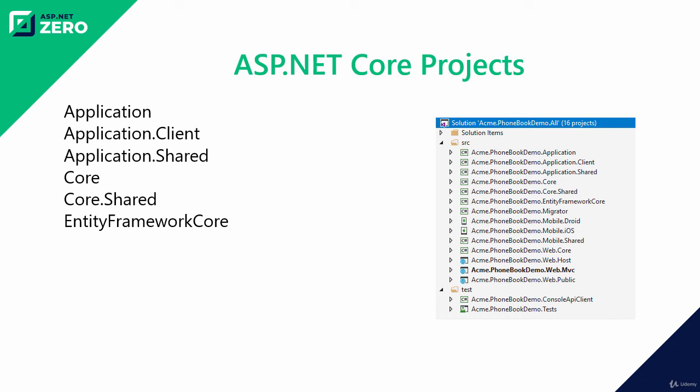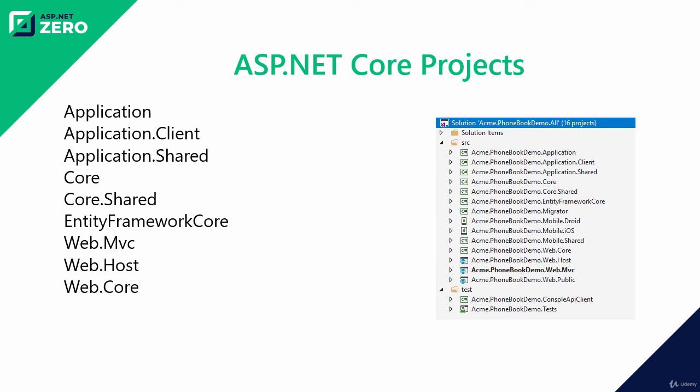Next, and this is definitely an important one, we also have several web projects. Web.Mvc, as the name implies, contains a regular MVC application, including controllers, views, and more. It's not really relevant for the implementation we are working with in this tutorial. However, Web.Host is important for the implementation that we're working with here. That's the big one. This is going to be hosting the API that our client side will be communicating with.